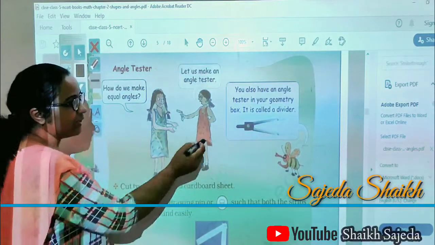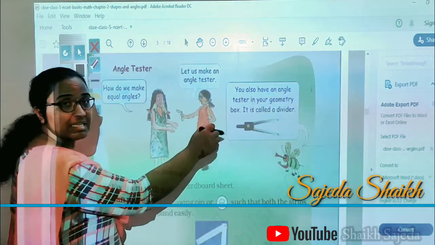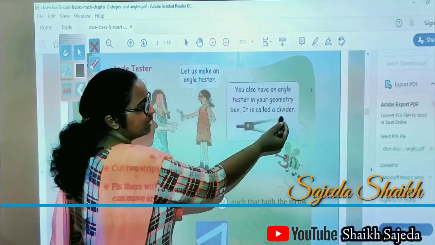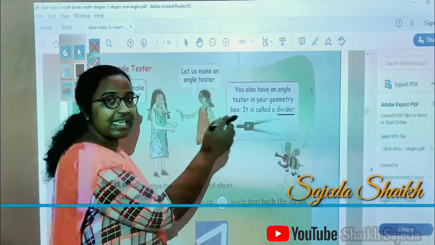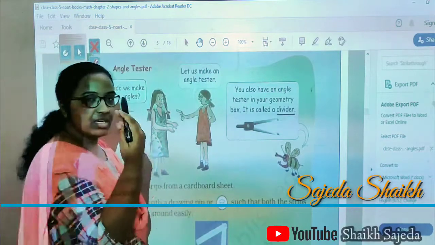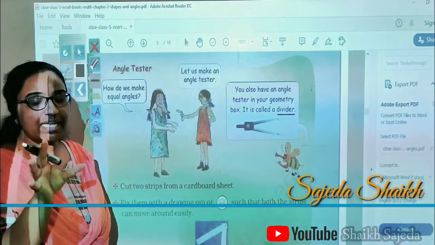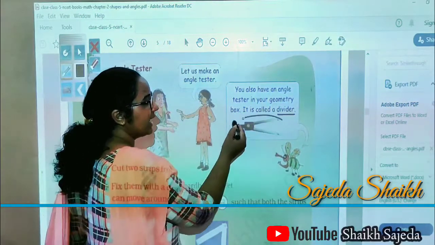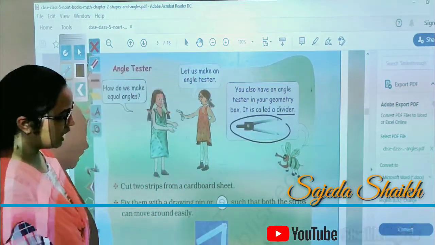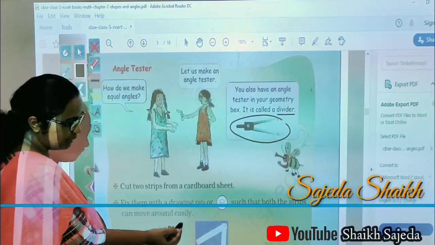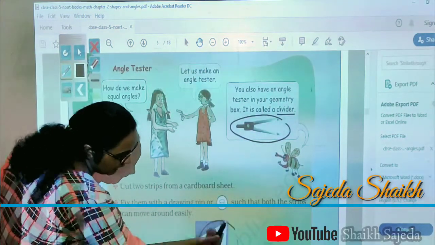Here in your geometry box, this instrument is there and it is called a divider. This instrument is actually called a divider, but generally it is used to test an angle. So we can say it is an angle tester also. When you make it using cardboard, it will look like this.